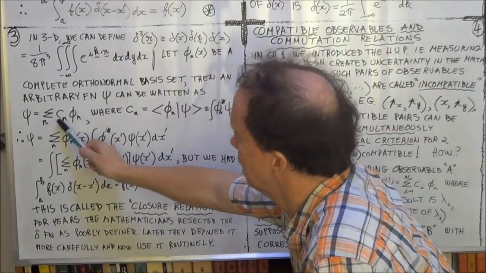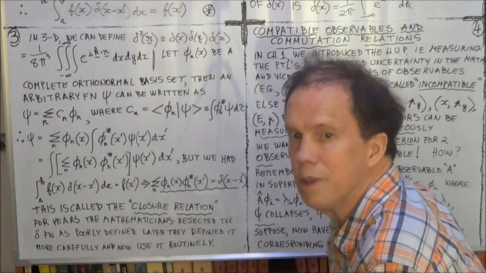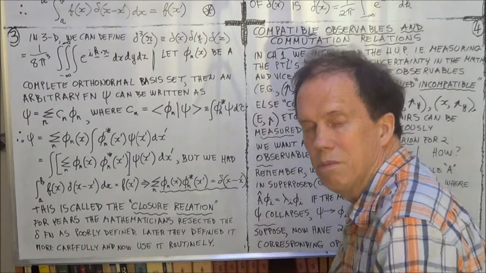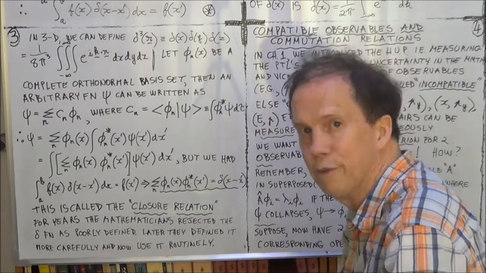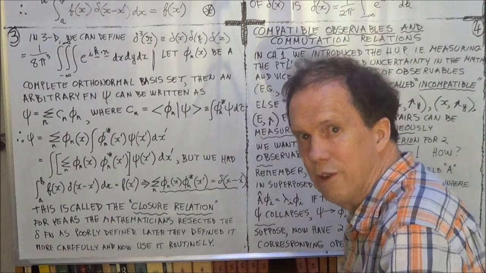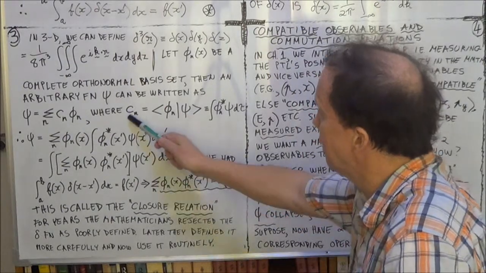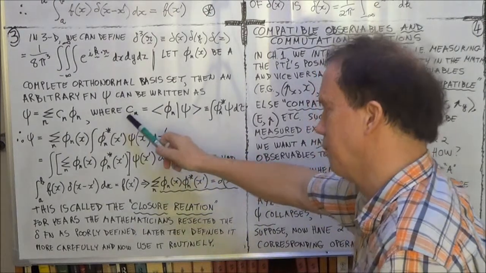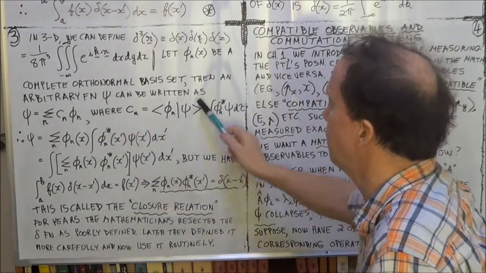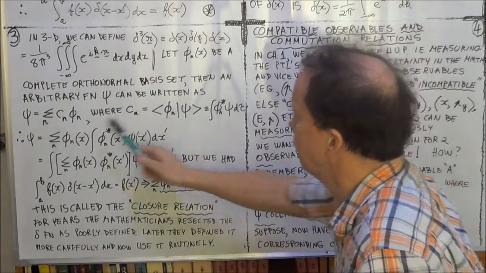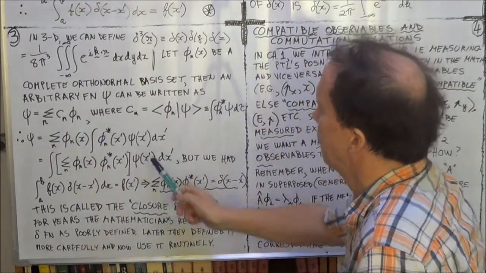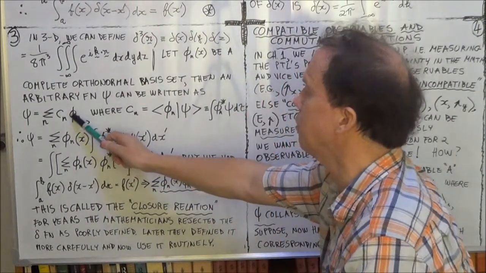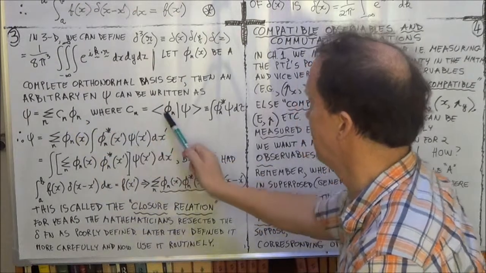And these coefficients, the way you calculate them is the same way you calculate the Fourier coefficients in Fourier analysis. So these C's, to calculate their value, you just form the bracket of your general function psi with the corresponding orthonormal function phi n.